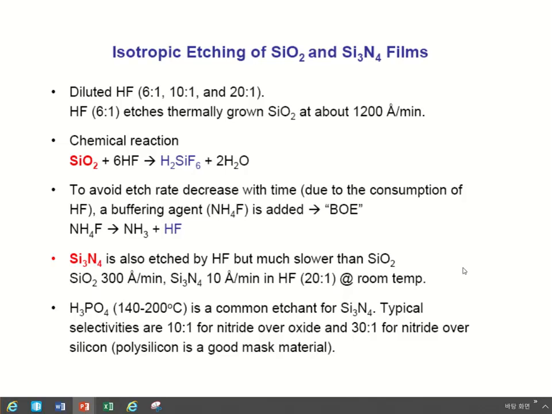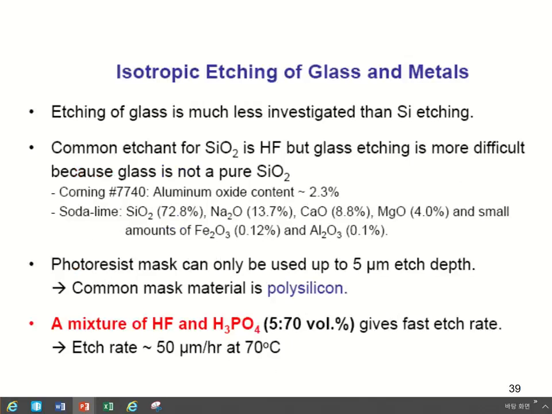The selectivity is usually 10 to 1 for nitride over oxide and 30 to 1 for nitride over silicon. So polysilicon is a good masking material for silicon nitride etching using H3PO4. All right, let me stop here and continue at the next slide.